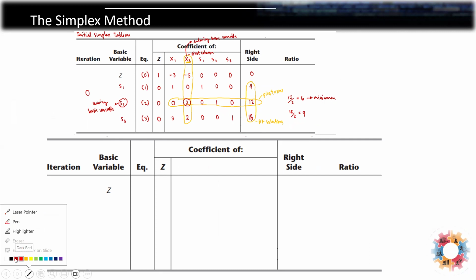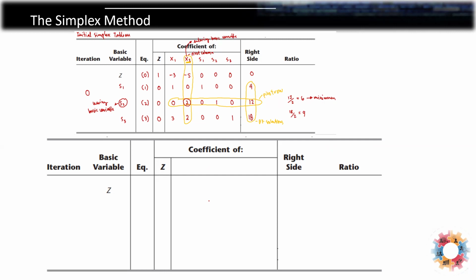Now, in the iteration, the very first step is to determine the new pivot row. Okay, remember your pivot row here is the row corresponding to the second equation, right? So we're going to create our new pivot row.